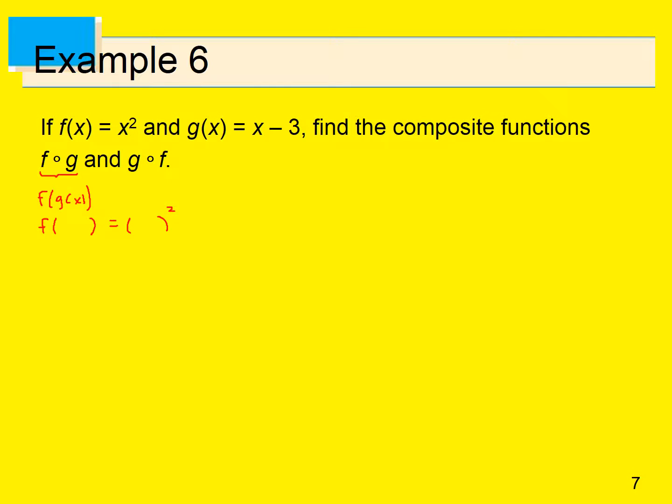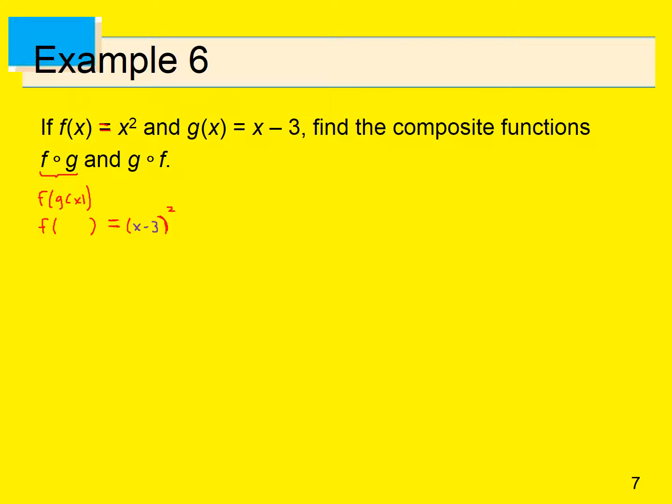So all I've done here is rewrite this equation using parentheses instead of the symbol x. And so f of anything is the square of that thing, but now what's the thing going to be? The thing is going to be g, and g is x minus 3.